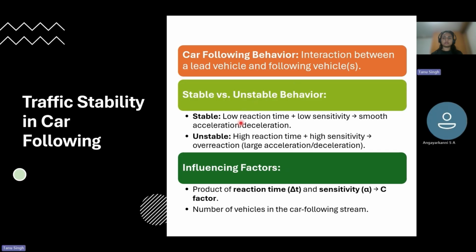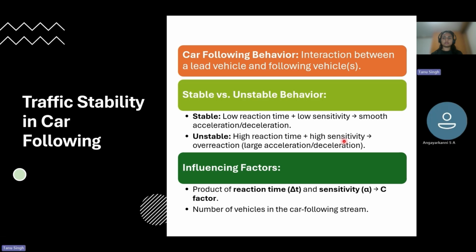the driver reacts quickly with normal sensitivity, leading to smooth acceleration and deceleration, whereas unstable behavior mainly occurs when the reaction times are high, the driver overreacts, and strong acceleration or braking has to be applied.